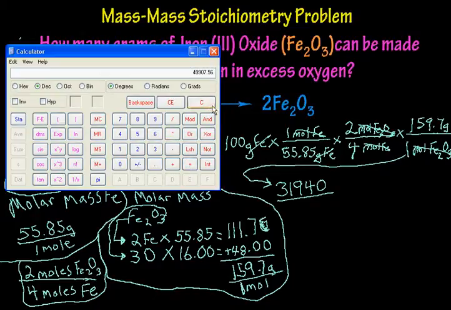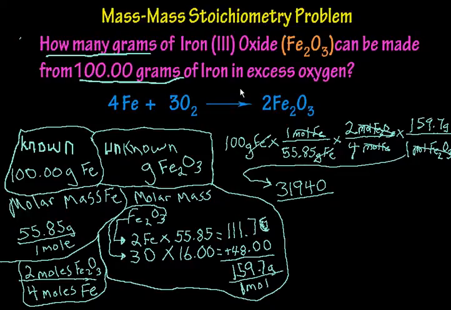Equals 223.4. Let's see, there's no units on the bottom. Oh, but what was on the top? Grams. And that was iron oxide, right? It didn't have room to write it, but it was Fe2O3.